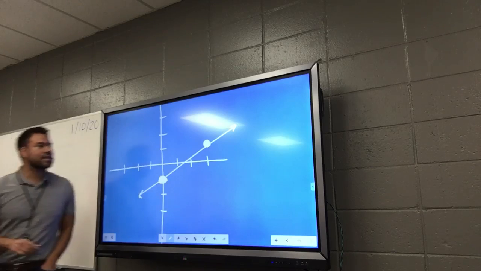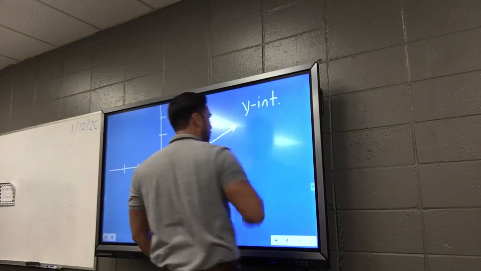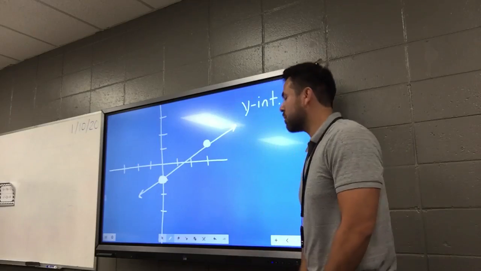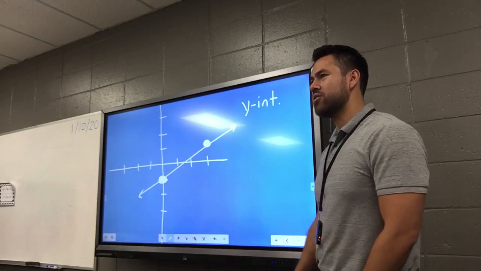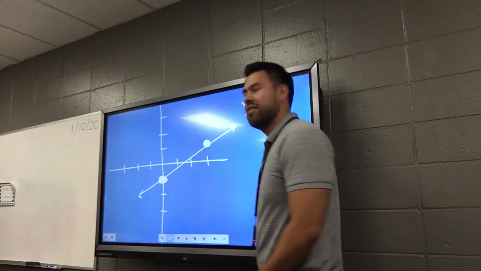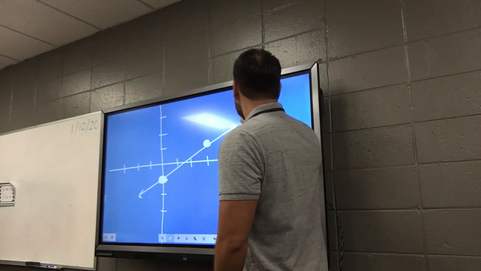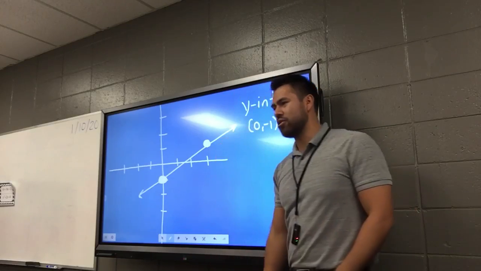Okay, who can tell me what the Y-intercept is? It's the clearest one. What's the Y-intercept of this line? Yes, 0, -1. That's good. All right, Y-intercept is done.